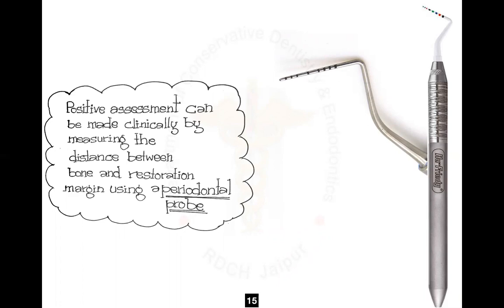So how do you identify? We basically probe under local anesthesia to the bone level. We are going to anesthetize the particular tooth, and then we're going to probe around the tooth at the level of bone. This whole process is called sounding of bone or sounding to bone.